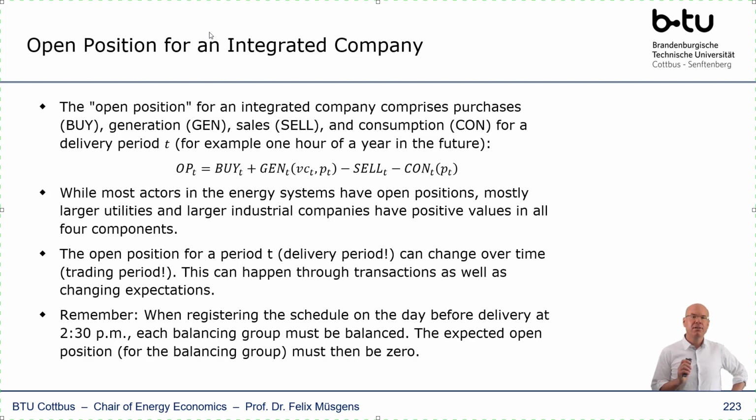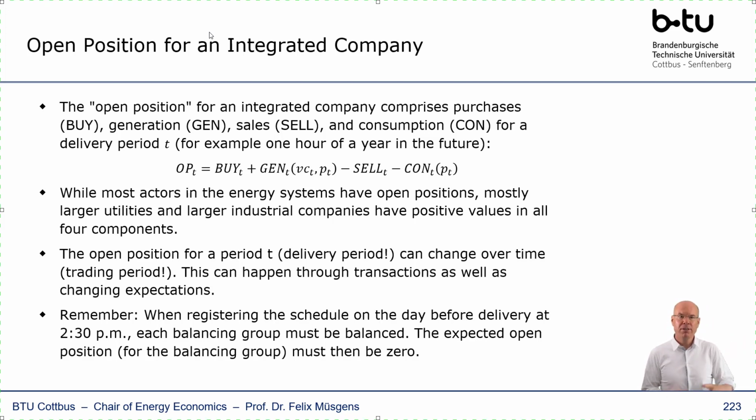The expected open position for the balancing group must thus be 0 at that point. So what you have bought, you typically know for sure, even though there is some delivery credit risk. We will move on to credit risk in a later part of this lecture.